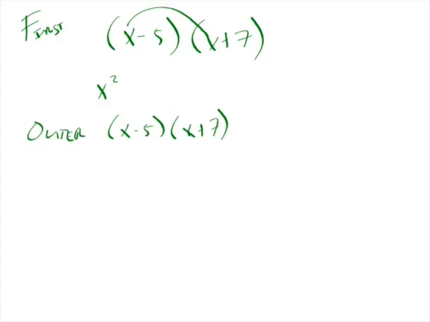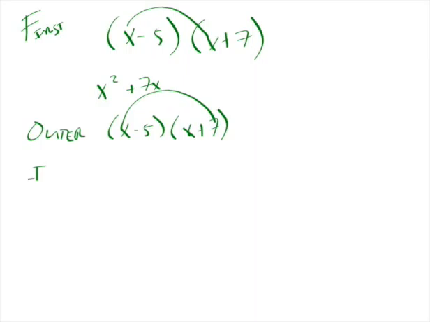So that's going to be x and the last term, which is positive 7. We multiply the outer terms, positive x times positive 7, which gives us a positive 7x. So that's our second step. First are the two first terms, you multiply them together. Outer are the two outside terms of the parentheses, in this case x and 7.